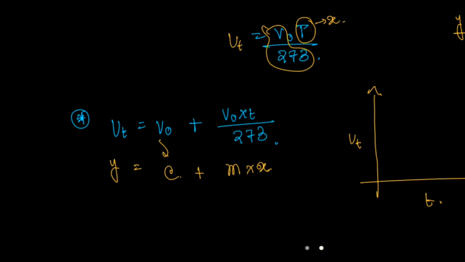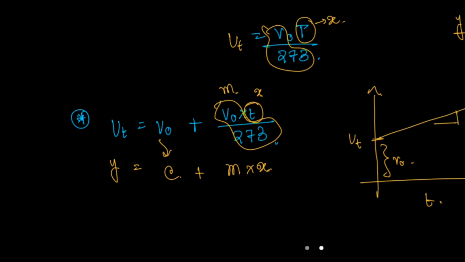So V naught is c. There will be a straight line starting from V naught distance from the origin, plus V0 T by 273. The slope of this would be V naught by 273. So that's the difference between the two curves.